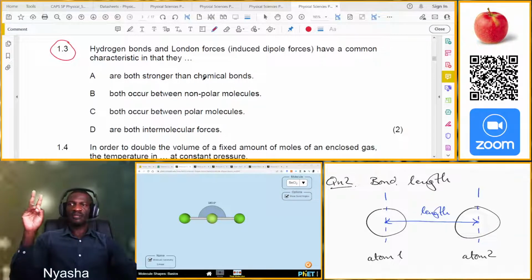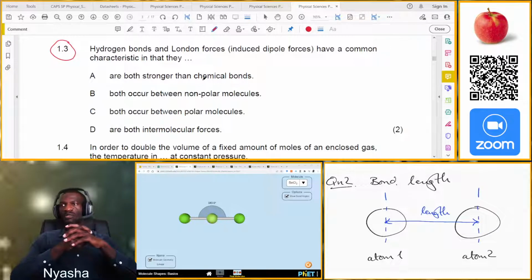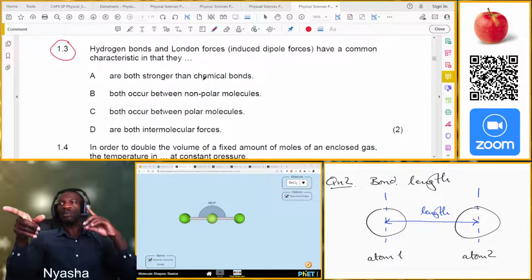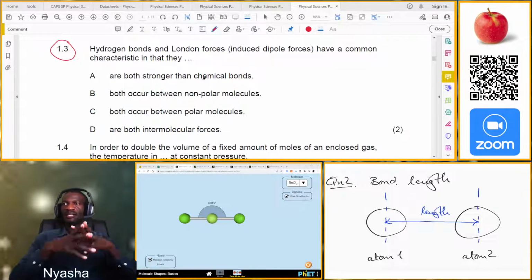Remember, there are 2 types. We've got our chemical bonds, which are atom to atom bonds, and then we have intermolecular bonds. Right? So second option, both occur between non-polar molecules.